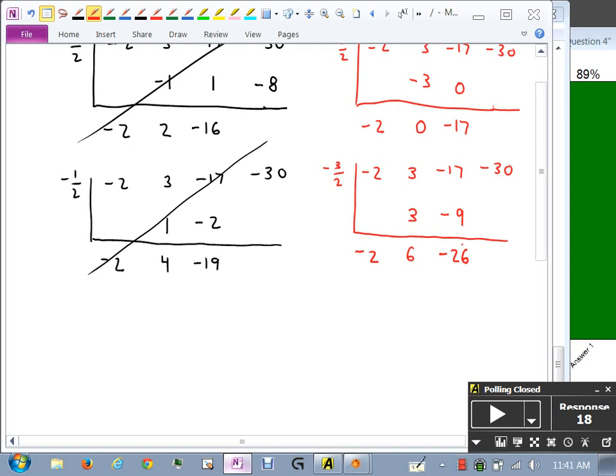No, I'm just checking something here. I thought I made this so it would factor negative 2x squared. No, I'm going to factor it.